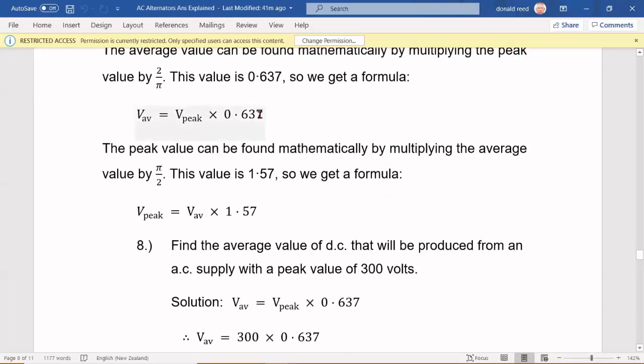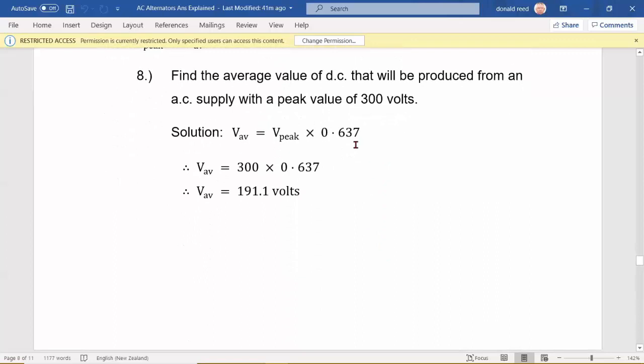So we have 300 multiplied by 0.637. So our V average equals 191.1 volts.